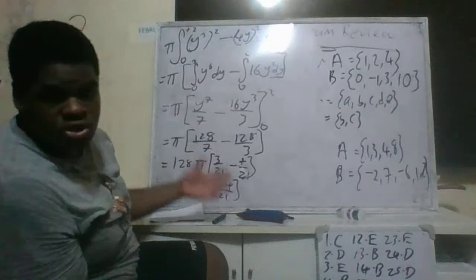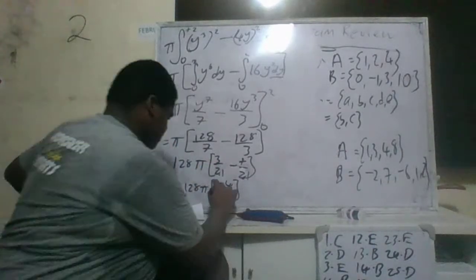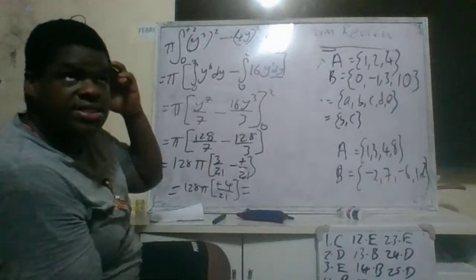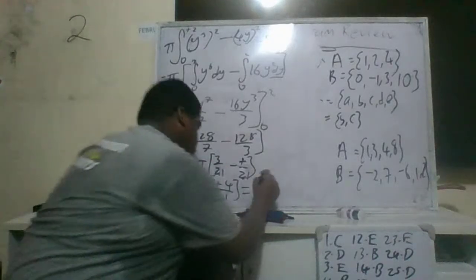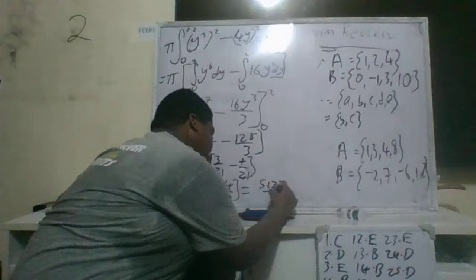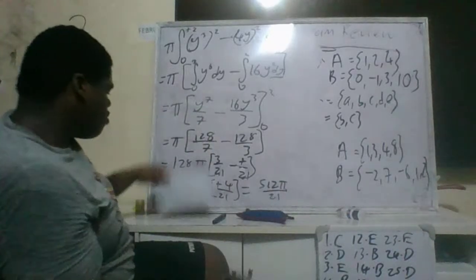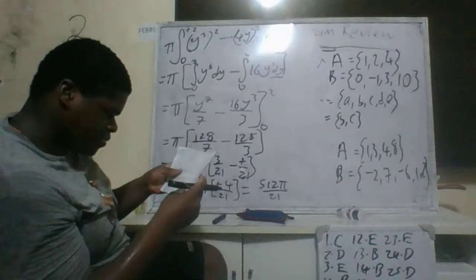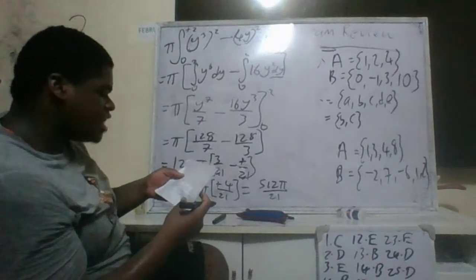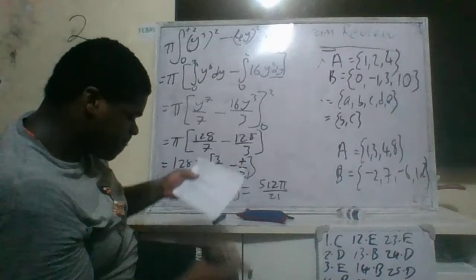Since it's a volume, the negative changes to positive. So 128 times 4 is 512. So we have 512 pi divided by 21 cubic units. That corresponds to option D. Question 33.